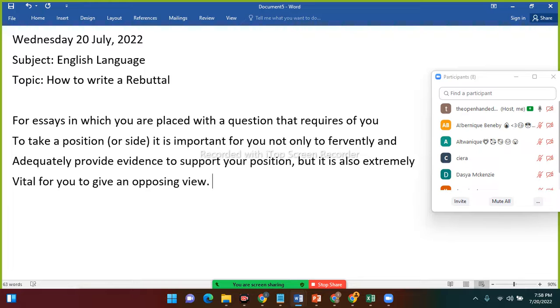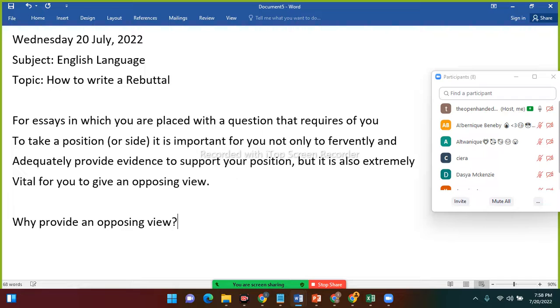So you must not only adequately and fervently and strongly show your side, but you must also show the next side, right? So why provide an opposing view?